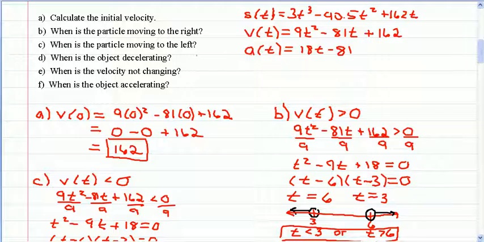For part D, when is the object decelerating? That means when is the acceleration decreasing? So I will take the acceleration function and set it less than 0. So a of t will be less than 0.